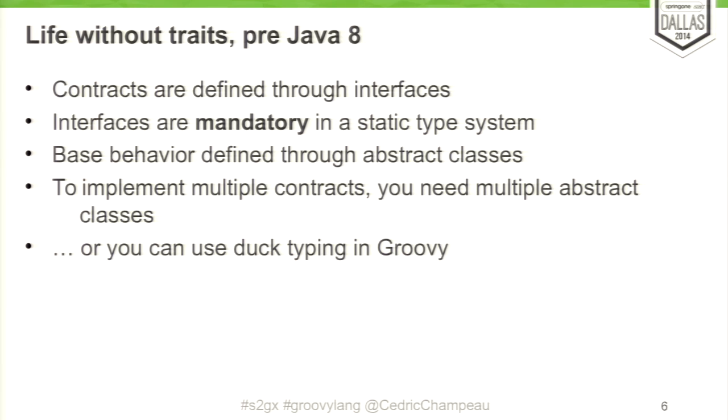Multiple interfaces, multiple implementations, and you have multiple abstract classes? Can you do that in Java? No. You face the famous multiple inheritance problem. So you can define the behavior through abstract classes. You can define contracts. That works in Java.